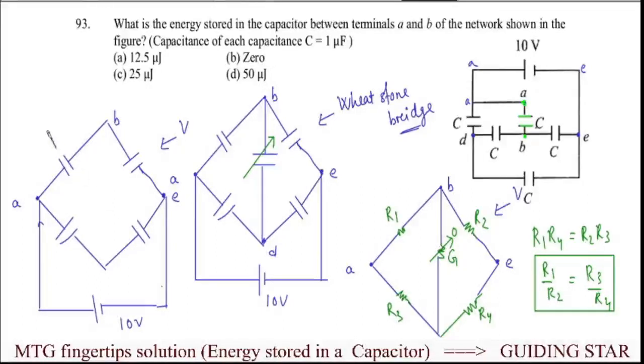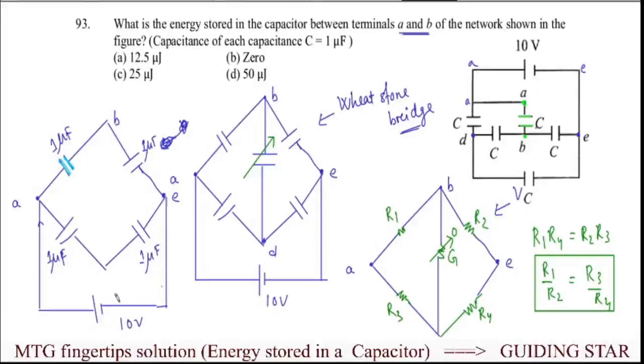Each capacitor is of 1 microfarad. Clear? The question is asking the energy stored in the capacitor between the terminals A and B. So it is asking what will be the energy stored in this particular capacitor.